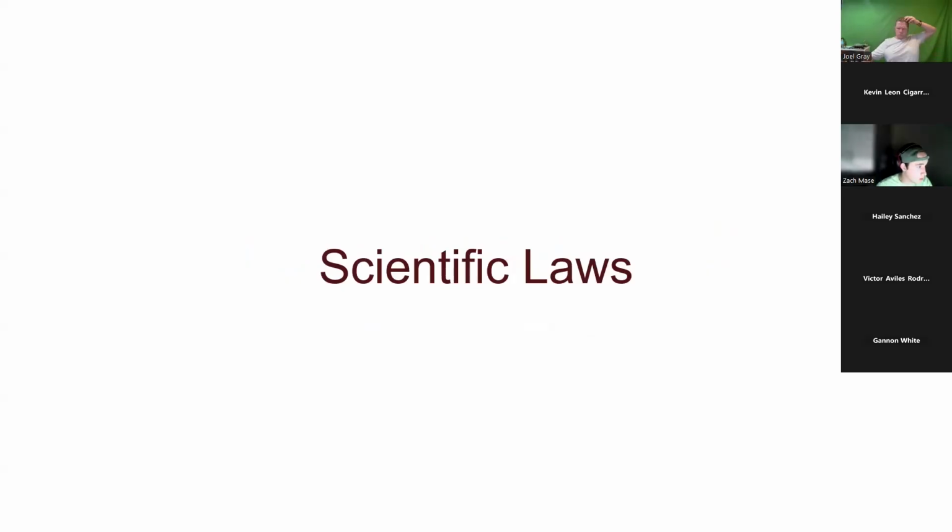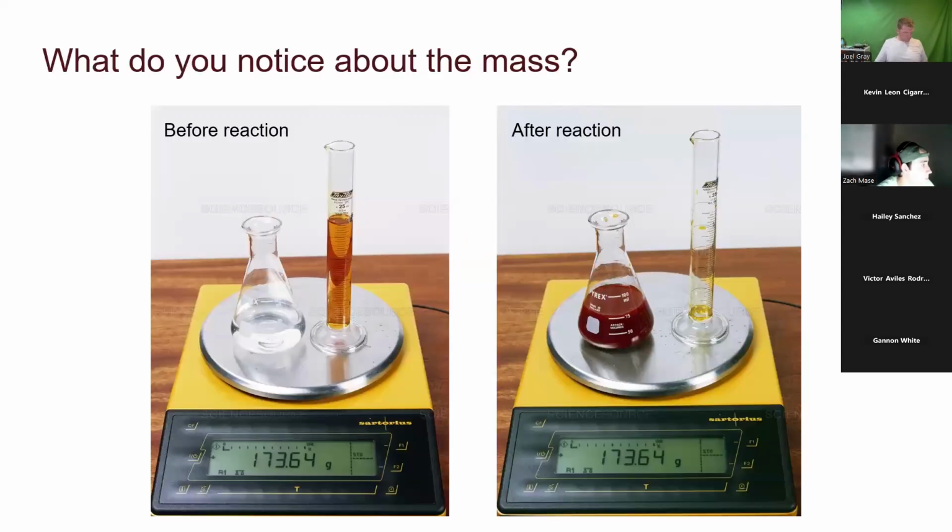So we have a couple of scientific laws that we need to go over. These scientific laws include, well, mass. So if you look at these two substances, what do we have here?